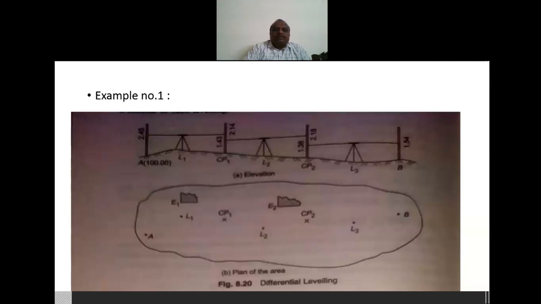That staff reading should be a backsight, that is 2.14. Then once again another change point is required. The same procedure should be followed till the end at station B. Then you will find out the RL of point B by using the height of instrument method or rise and fall method.